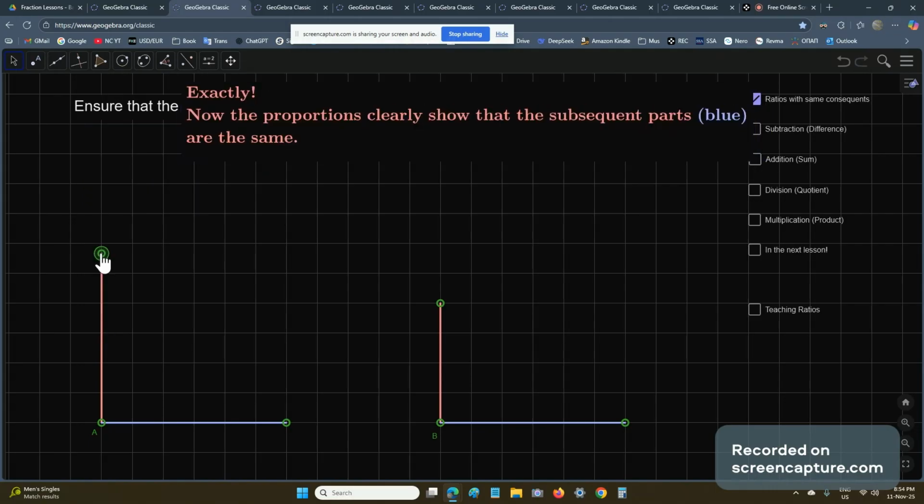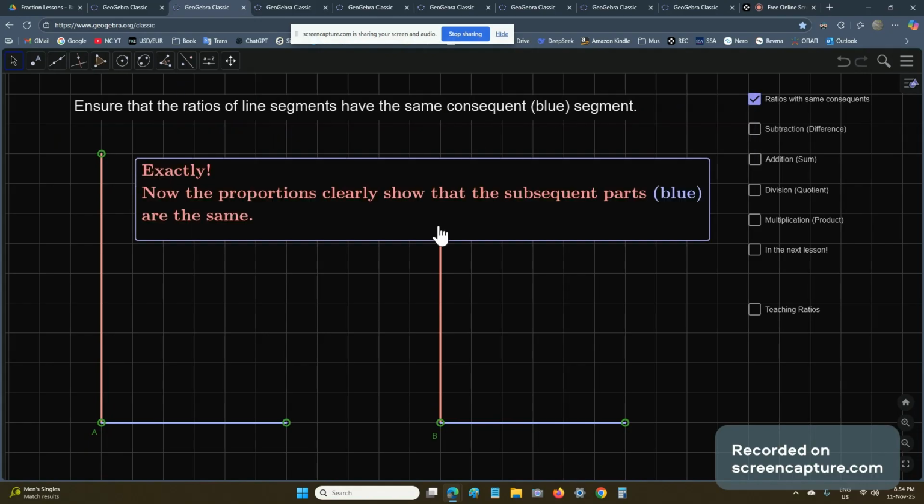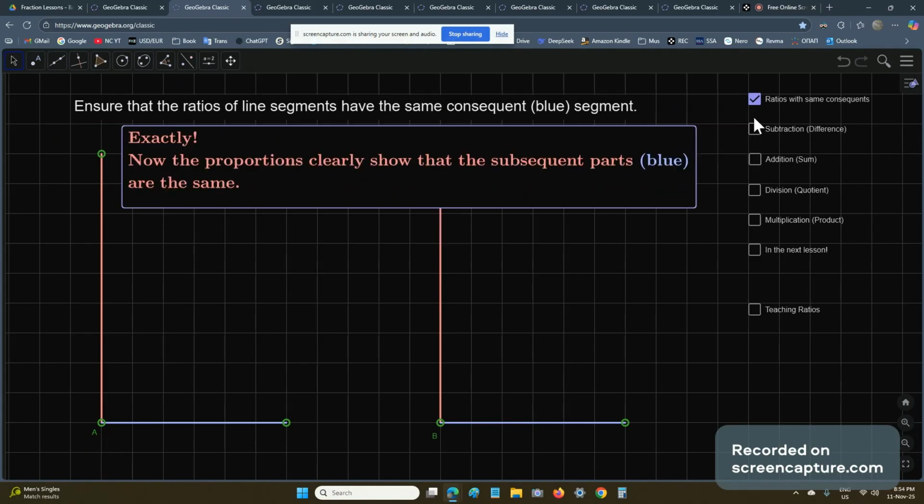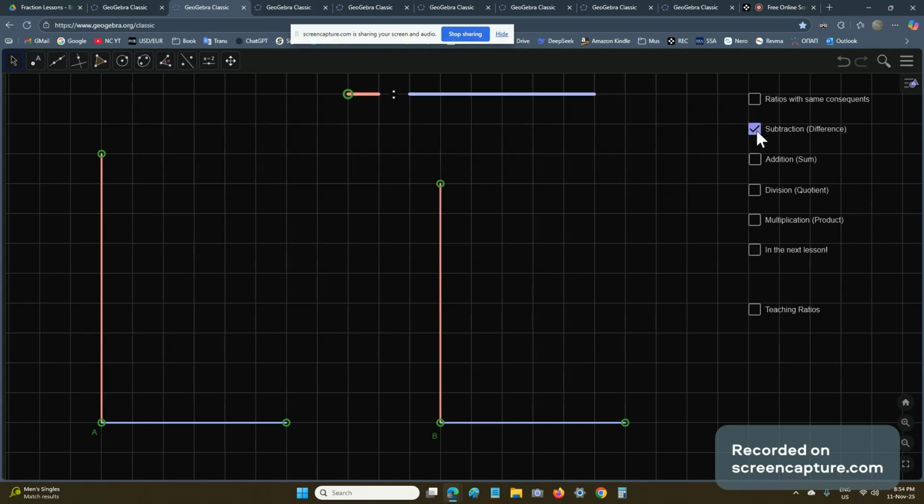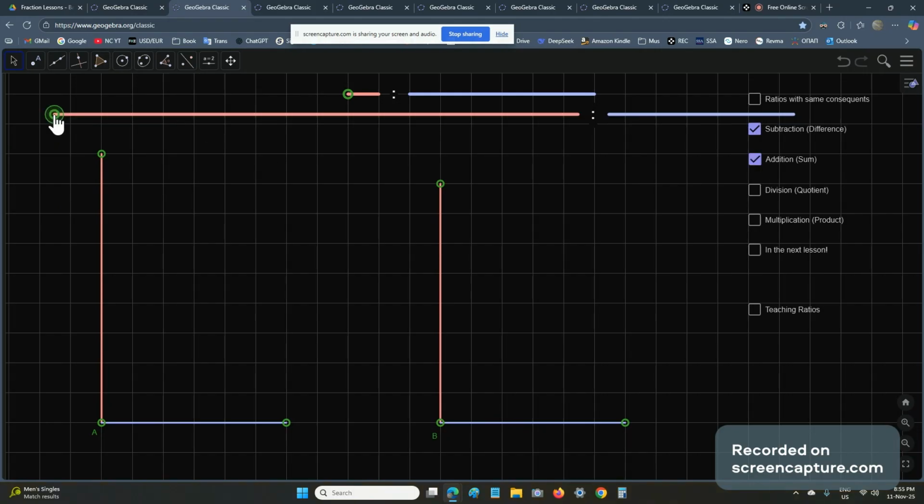And of course, the fractions are in proportion, okay? And now you can get rid of that and see how easy it is to do the subtraction, the addition, the division, and of course also the multiplication.